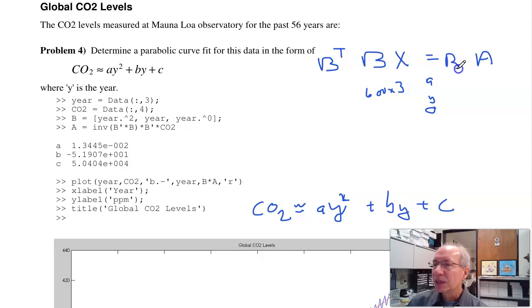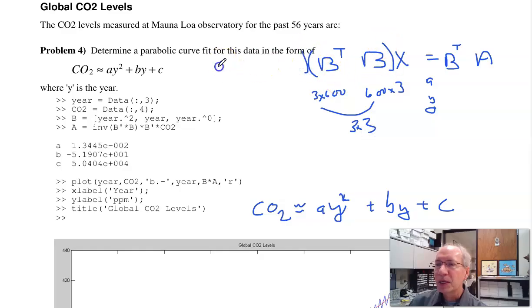I can do the same thing to both sides. With matrices, matrix multiplication is not commutative. So I have to note that I'm multiplying the left or the right. They're different. Once multiplied by b transpose, this is a 3 by 600 matrix. The result is a 3 by 3. You can usually invert a 3 by 3 matrix.